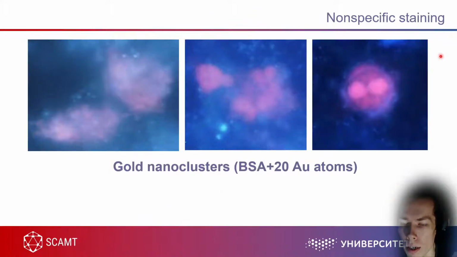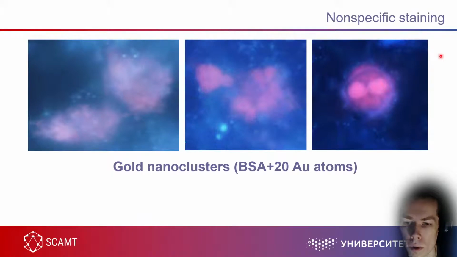And in case you're using some staining which is not standardized, so not just some kit from a vendor or something like this, you need to properly understand where your new nanoparticles with some fluorescent behavior may accumulate.